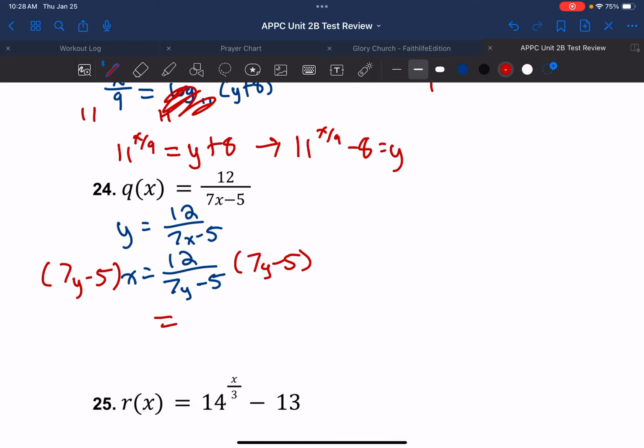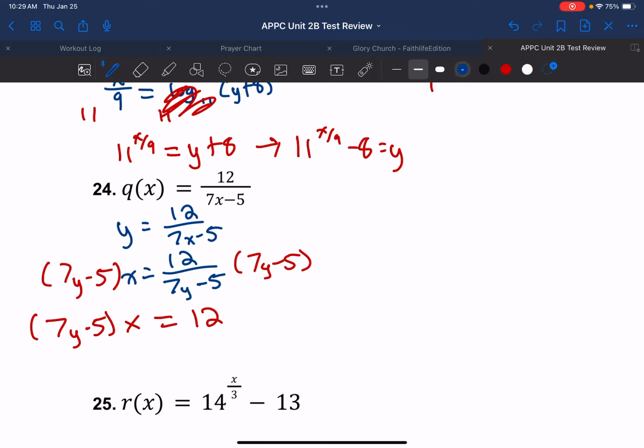So I'm left with 7y minus 5x equals 12. And you can go ahead and distribute here, but it'll honestly make life a little bit harder. What I would go ahead and do here is leave it as is.